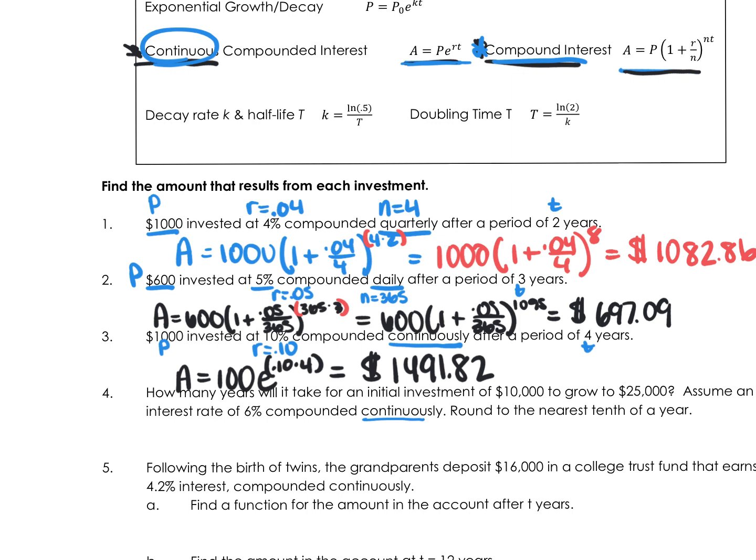If it says continuously, you use the left. So our starting amount will be P, which is 10,000, and it's growing to 25,000. So that's our ending amount. Our interest rate is 0.06 and we're looking for how many years, so we're trying to find t.